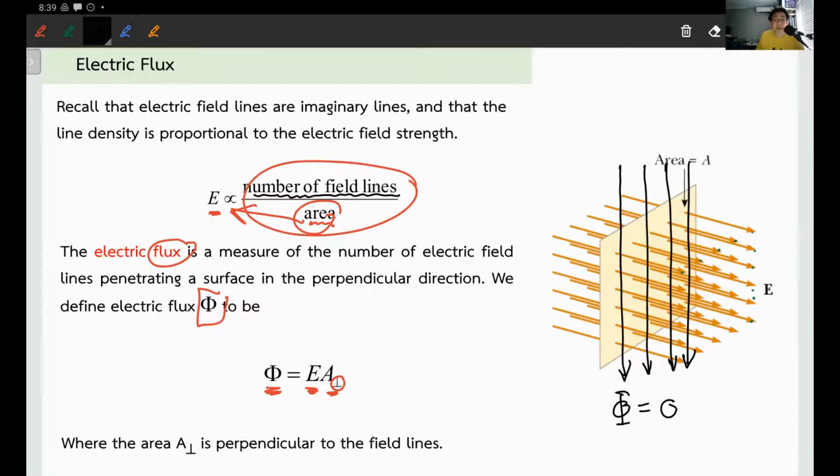It's not penetrating the area. You guys with me? To be fair, when you want to count the amount of electric flux, which means the number of lines, you should count only the electric field going through the area properly. So now you understand what I mean: properly means perpendicularly.